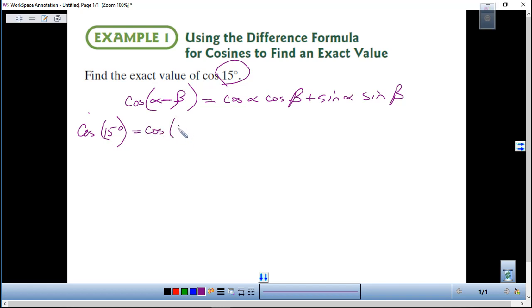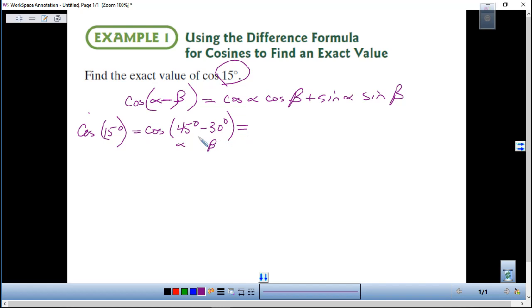You're looking for cosine of 45 degrees minus 30 degrees. And then all you do is fill in all of this. So I know that alpha is 45, beta is 30. So all I do is pull out all those values from the unit circle and plug them in.